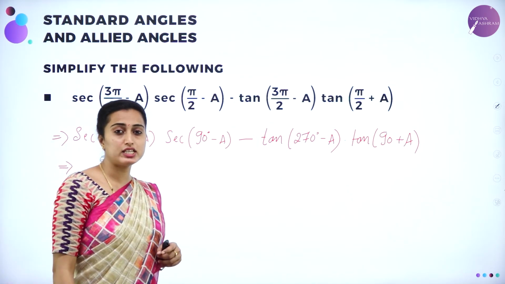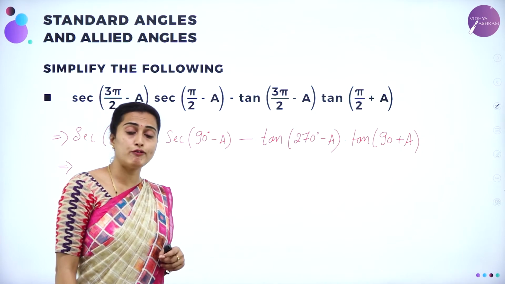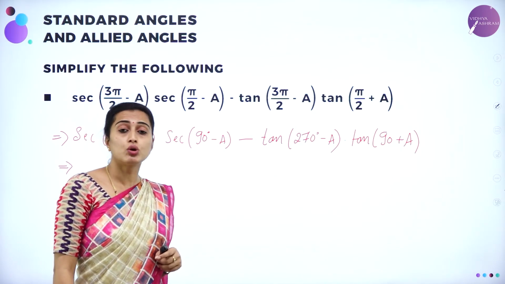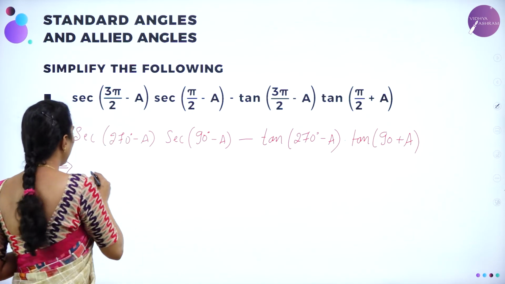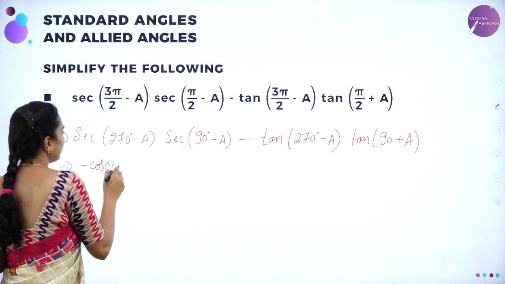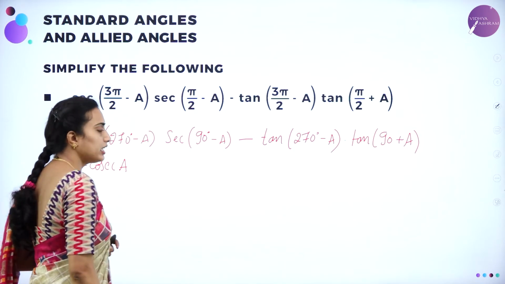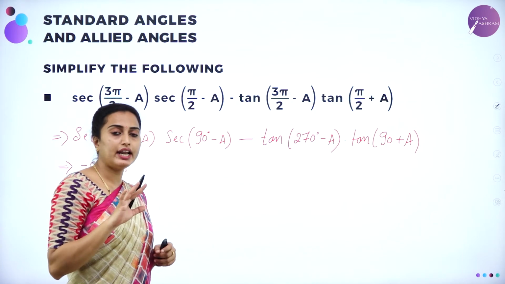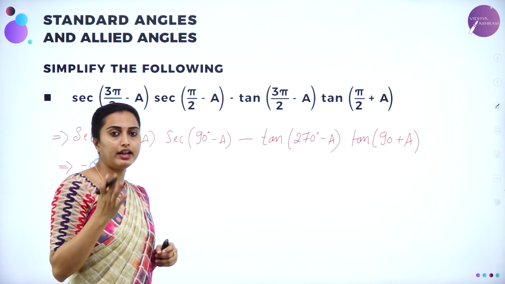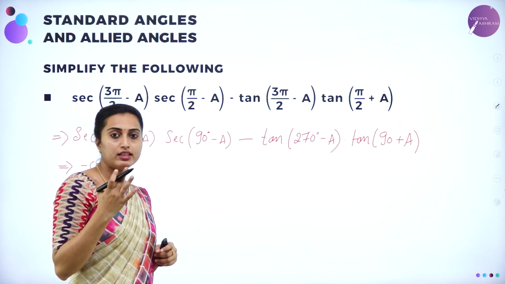So secant of 270 minus a. Secant will be changing as cosecant. 270 minus a falls in the third quadrant. So here secant will be negative in the third quadrant. Therefore, it will become minus cosecant a. Again, secant of 90 minus a. In 90, secant will be changing as cosecant. 90 minus a falls in the first quadrant.